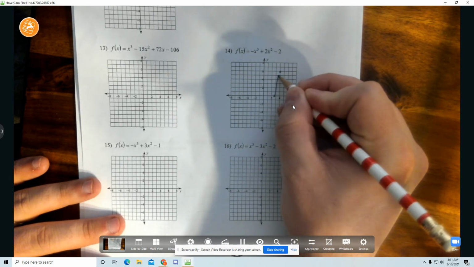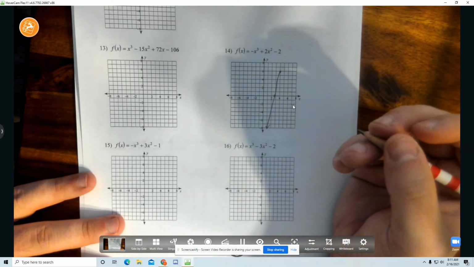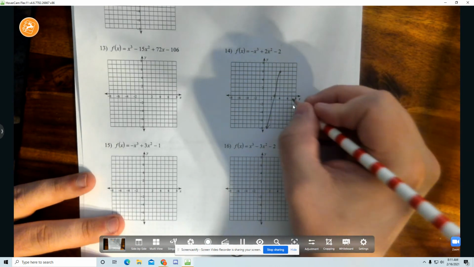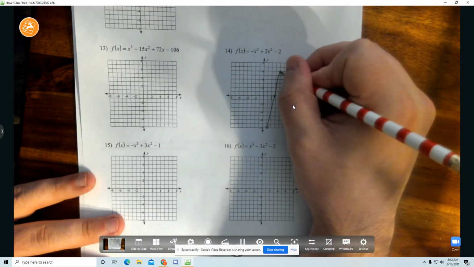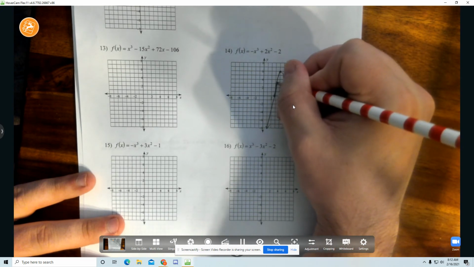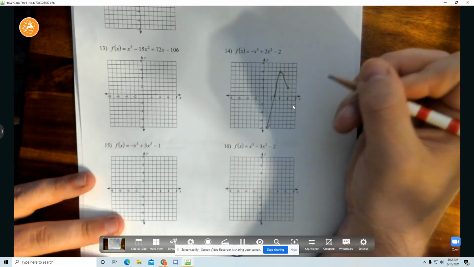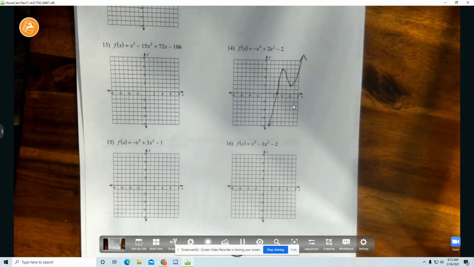So it went up here, and it was going down here forever. It went to 6,2. I'm trying to do my best here, freehanding it. And then it shot back up, something like that.